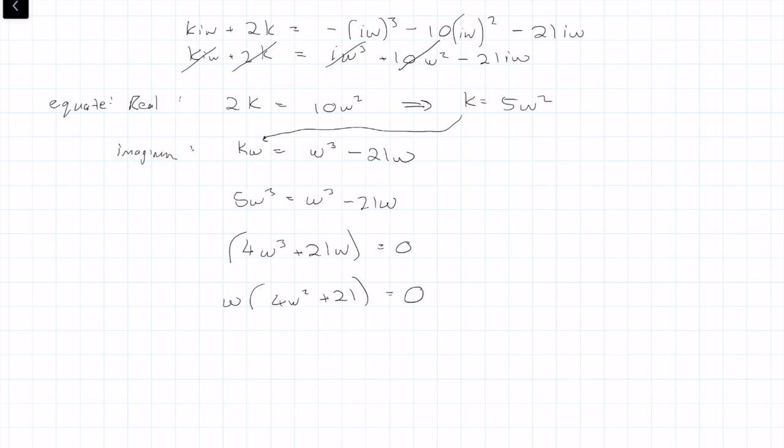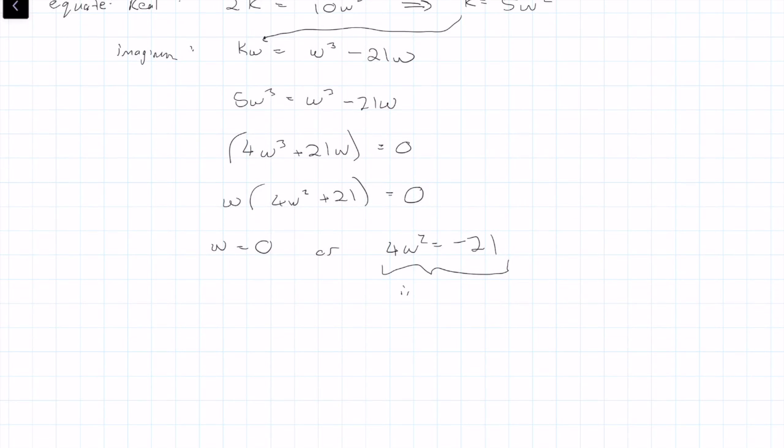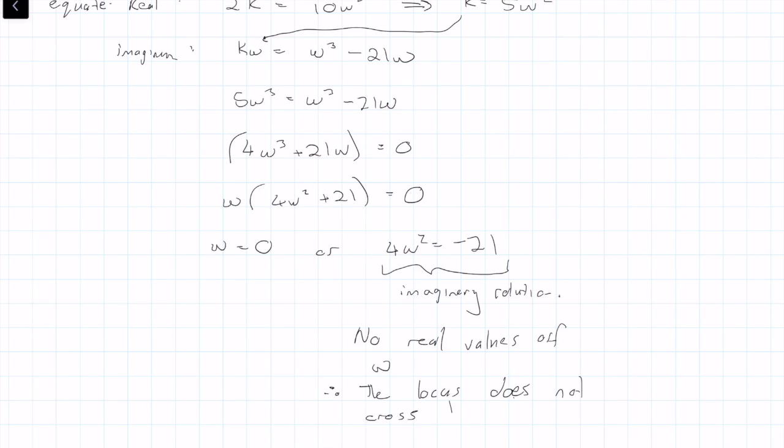Omega equals 0 we don't really care about, or 4 omega squared equals minus 21, and this will give us imaginary solutions. So there's no real values of omega, therefore the locus does not cross the imaginary axis.